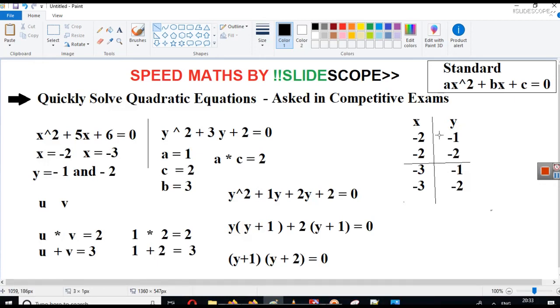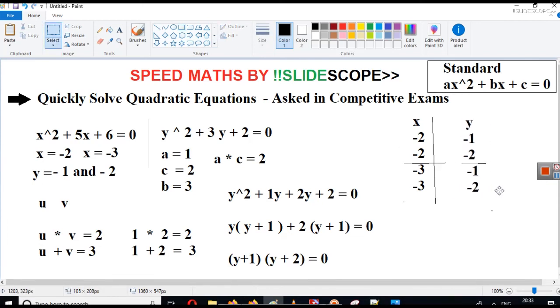Hence, I have compared the first value of x with both values of y, and I have compared second value of x with both values of y. Because in examinations, these type of questions are asked where you have to establish a relationship between x and y.